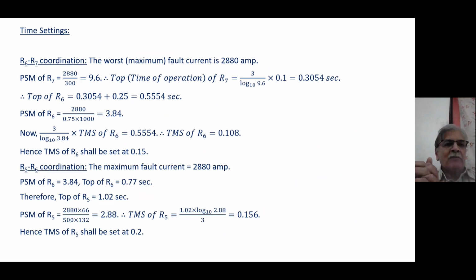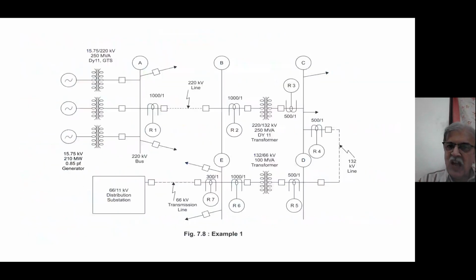My dear friends, I have to go for time setting. When I go for time setting, I have to consider R6, R7 coordination. I have to find out the time of operation of R7. Add discrimination margin to that. What is discrimination margin? R6 must operate little later. How much later? It should operate 0.25 second later. How did I come to that factor 0.25?